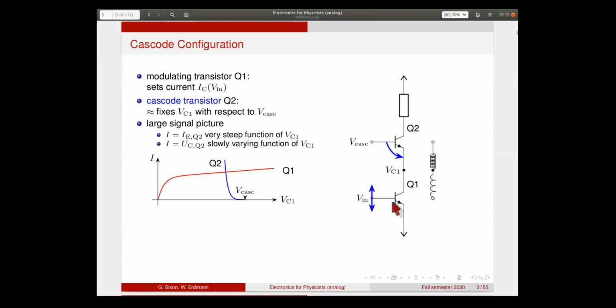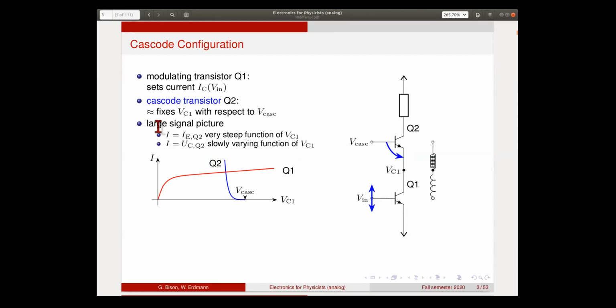So now the amplifying action is such that this transistor defines the current that flows down this branch, through the transistor and hence also through the load, while the cascode transistor now fixes this potential with respect to the cascode voltage. Here we have the base-emitter voltage, and the current that flows is a steep function of this base-emitter voltage, and hence this point moves very little.